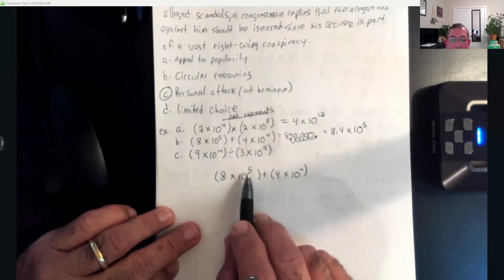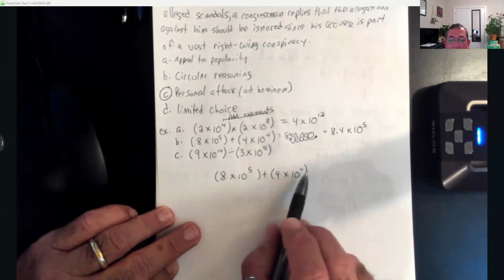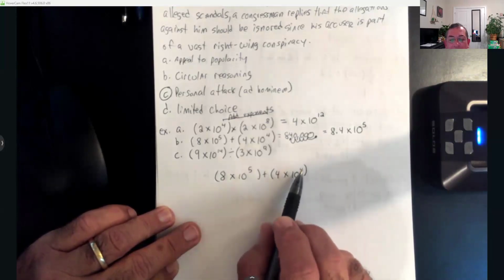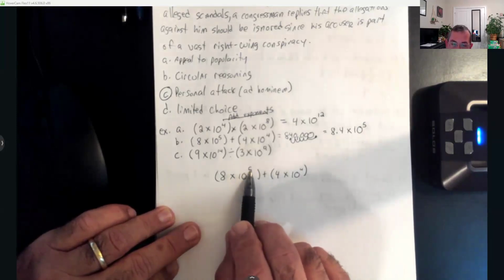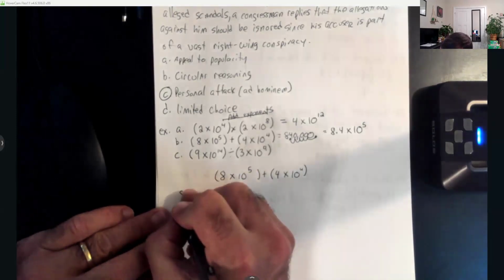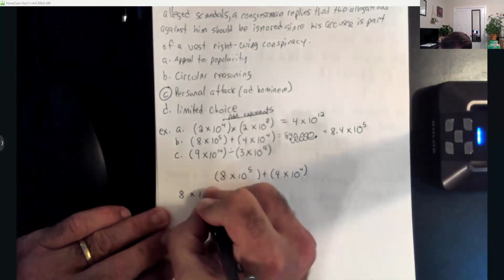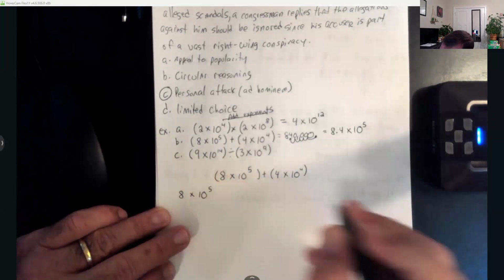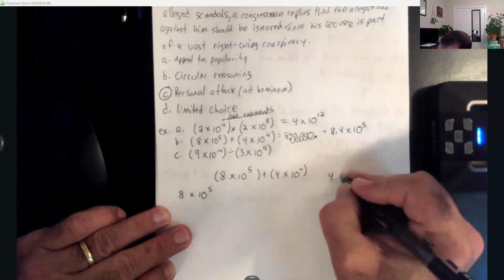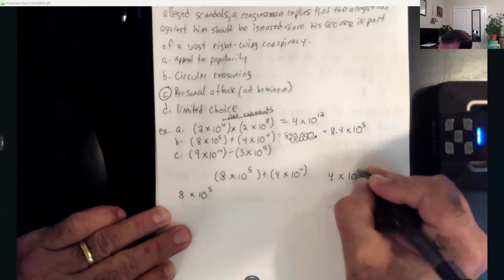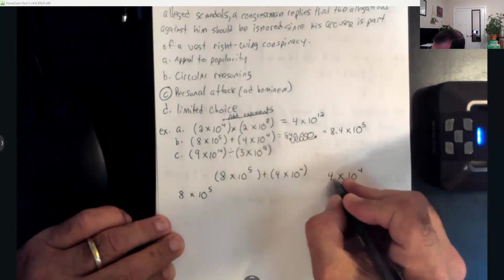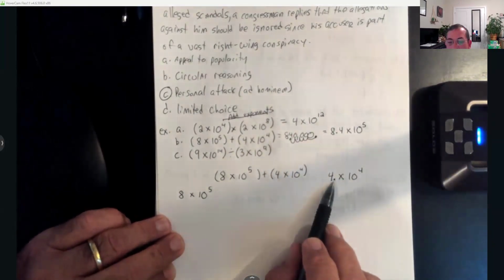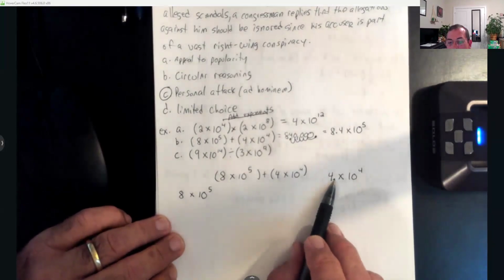When you've got a higher exponent, I need to turn the other number so that it has an exponent that matches. So I'm going to bring down my 8 times 10 to the 5th. Now over here we've got 4 times 10 to the 4th. Remember, at the moment, that decimal would be behind that 4.